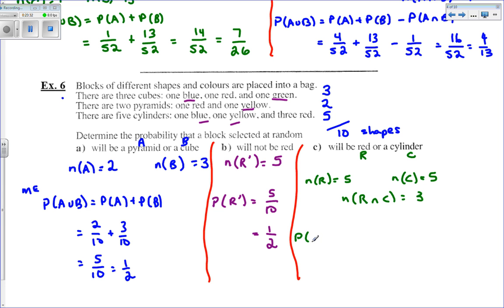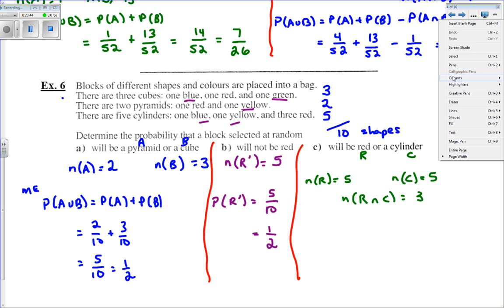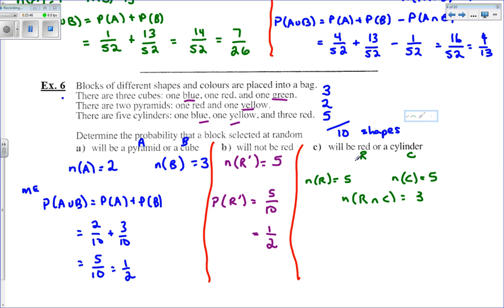So the probability of A or B is equal to, sorry, not A or B. Let me fix that. So we have the probability of R or C is equal to the probability of R plus the probability of C minus the probability of R and C. So for red, we've got 5 red shapes out of 10.